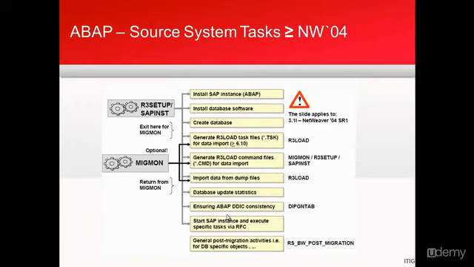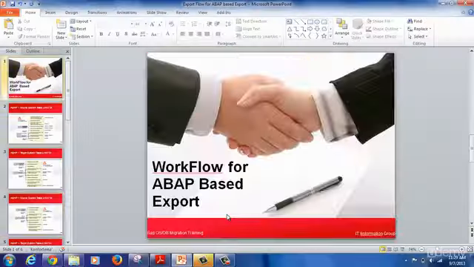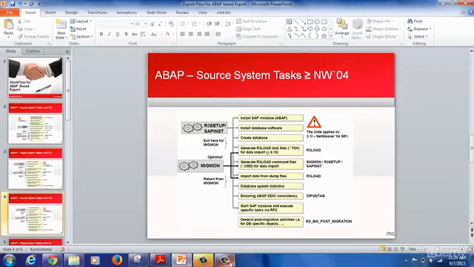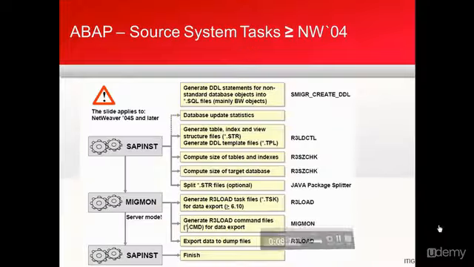Okay, now let's see the same things, what happens in systems which are newer than this. So let's get into this particular process. Here you are seeing the source system tasks for NetWeaver systems greater than NetWeaver 2004, because there is a drastic change which has happened for systems after NetWeaver 2004.